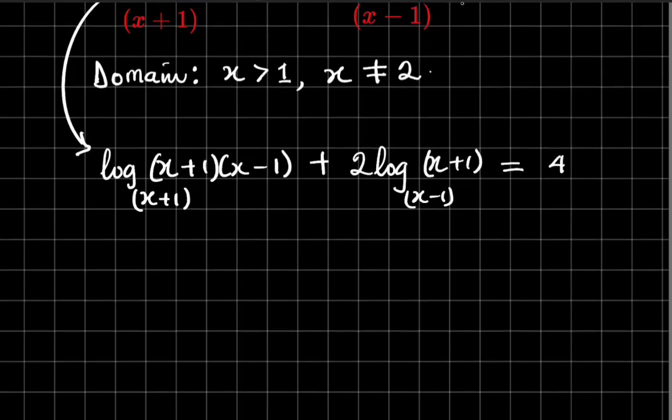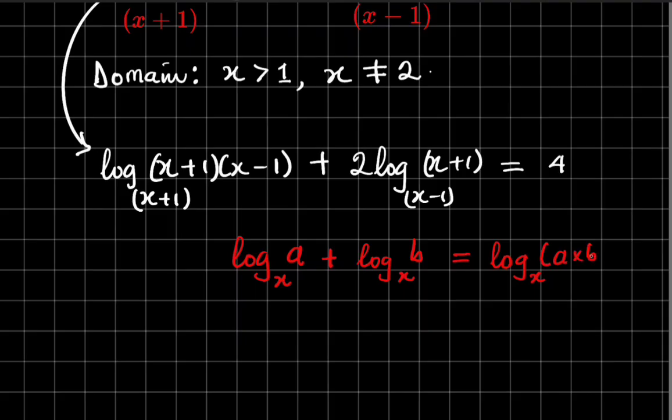Okay, now let's look at this. These are multiplying each other. Remember that when we have log a, let's say base x, being added to log b base x, so they have the same base but different arguments, we pick that one base, then we multiply the arguments together.